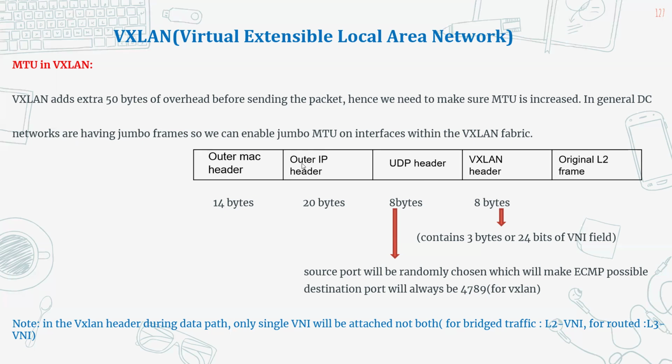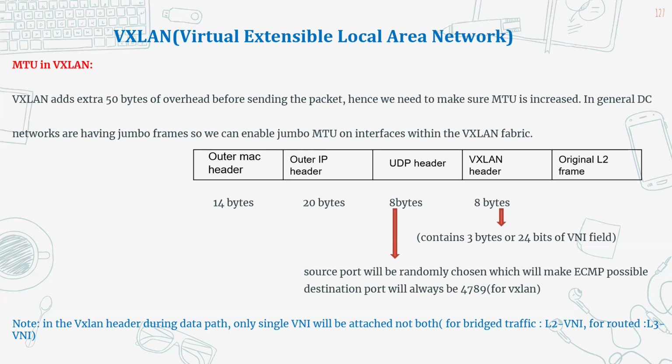Then we will have the outer IP header, which is 20 bytes, and the outer MAC header, which will be 14 bytes. So 8 bytes, 8 bytes, 16 plus 20, 36 plus 14, and now we have an extra 50 bytes of information. In our normal cases, layer 2 can accept only a maximum of 1500 bytes of information from layer 3, but now we have more information.